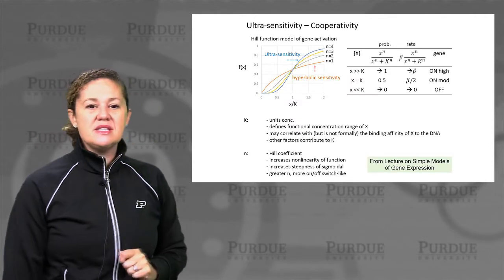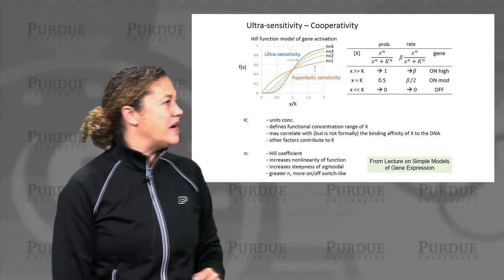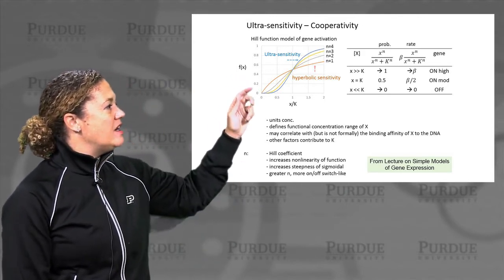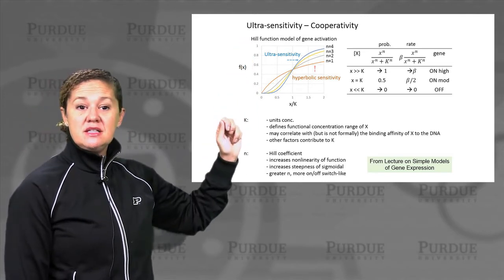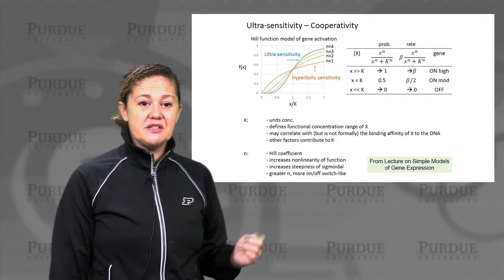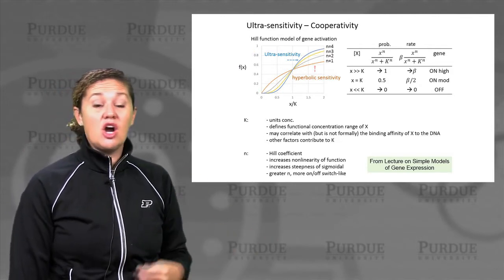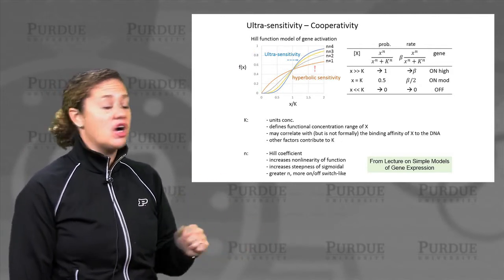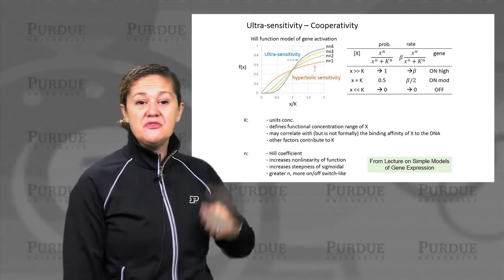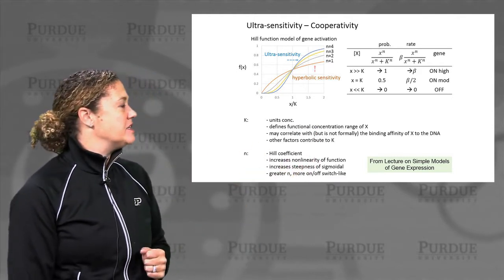So to remind you, this slide should look familiar. This slide comes from our lecture on simple models of gene expression. And if you recall here, we're looking at our transcription rate of our gene. So this would be equivalent to our whole cell biosensor example we just looked at. So this could be the production rate of our response signal, our green fluorescent protein, or whatever our response molecule is, as a function of our transcription factor, in this case, our signal that's modulating the expression of our response.